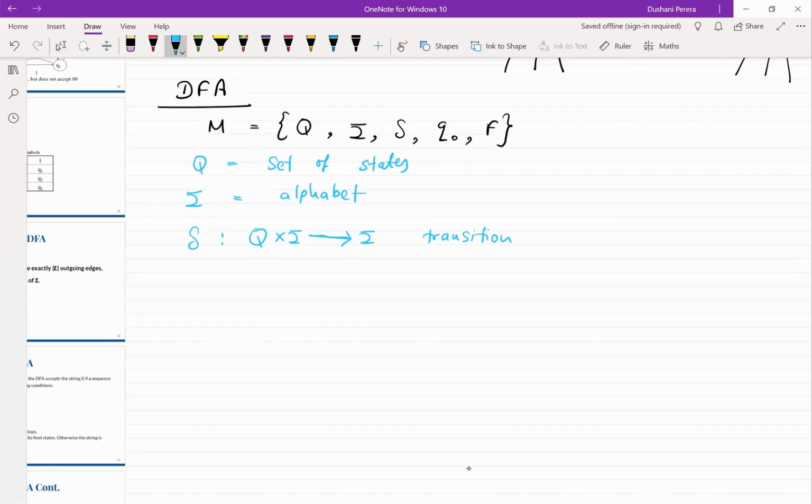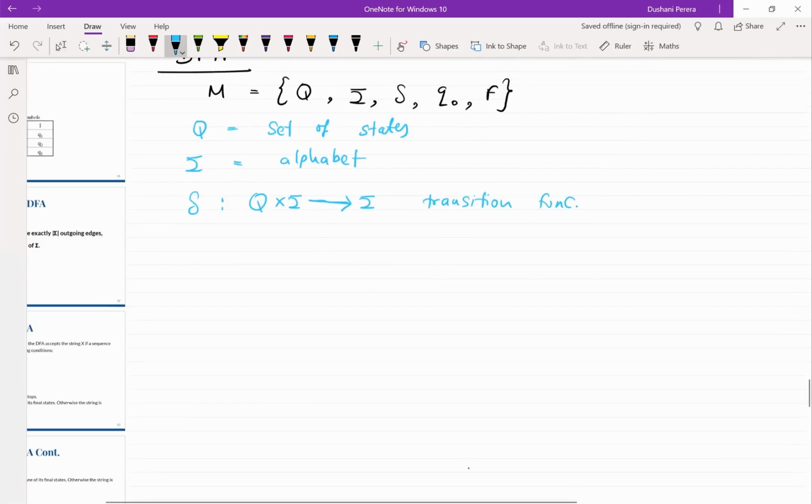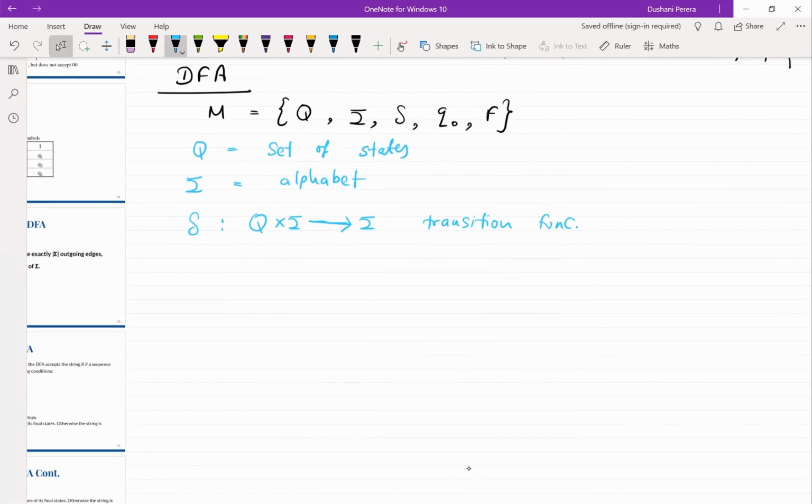Let's talk about that transition function. This Q cross sigma is the Cartesian product, which we did last week. And then we have Q naught. This is the initial state. In the previous example the initial state was capital A.